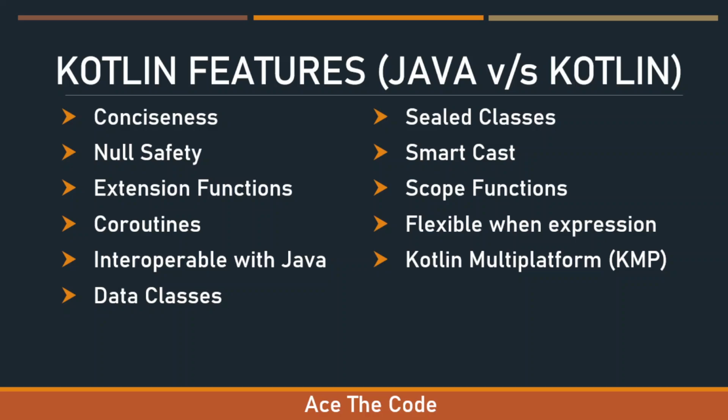So for all these reasons, Kotlin becomes a first-class choice for software engineers and developers around the world, and it gained popularity. The most popular one is Android application development. So these are the important features of Kotlin.